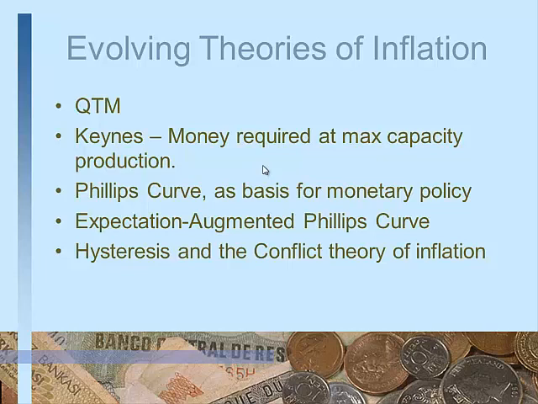So I'm not going to go over these theories, because we discussed all of them in the chapter on inflation. But these theories have been used as a basis of policy, and they make a big difference in terms of how monetary policy is to be done.